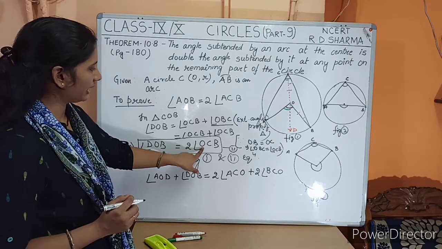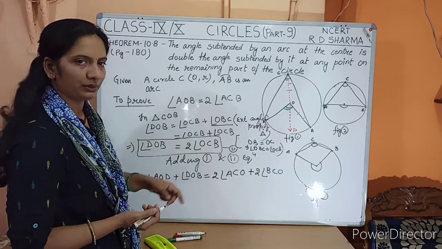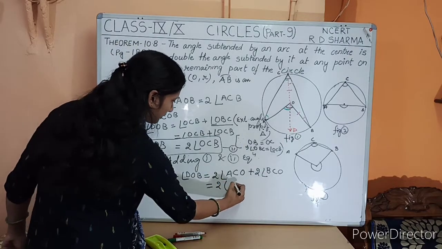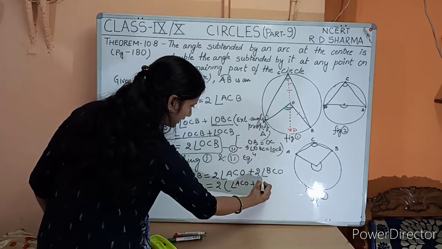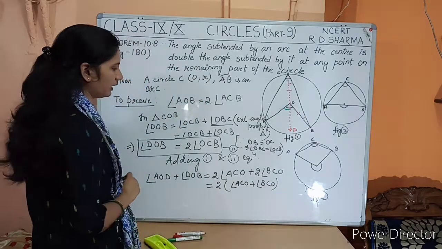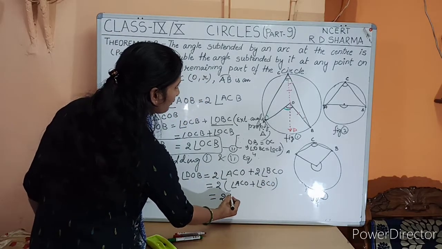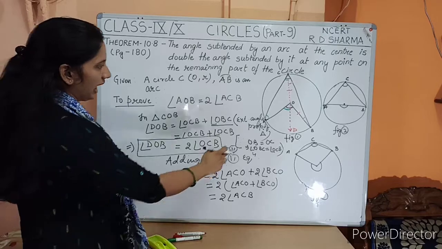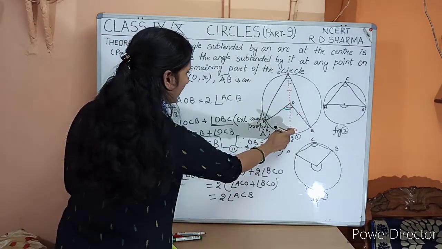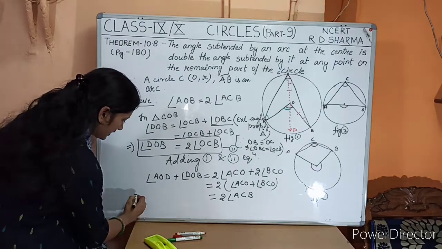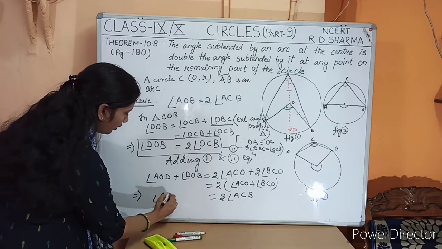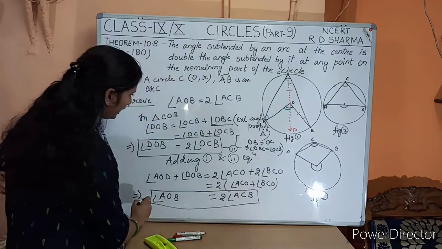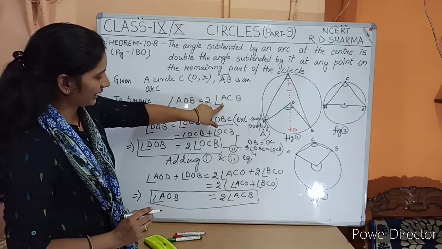See, either you write OCB or BCO, it means the same, okay? So from here we will take the 2 as common. So what will remain inside? Angle ACO plus angle BCO, and they are nothing but twice of angle ACB. And on the LHS you can see angle AOD plus angle DOB is angle AOB itself. So we have proved that angle AOB is equal to twice of angle ACB.